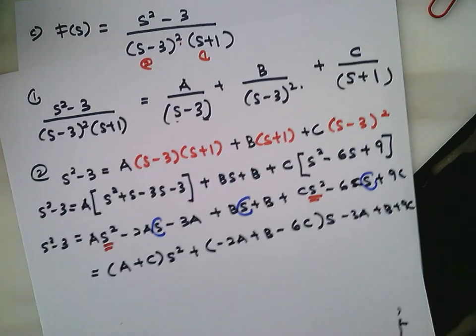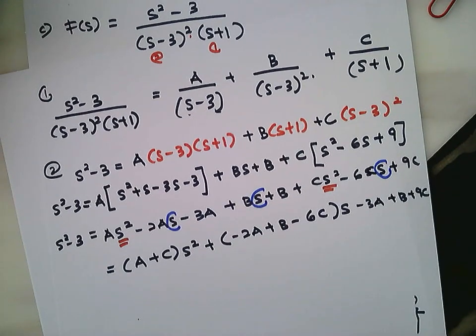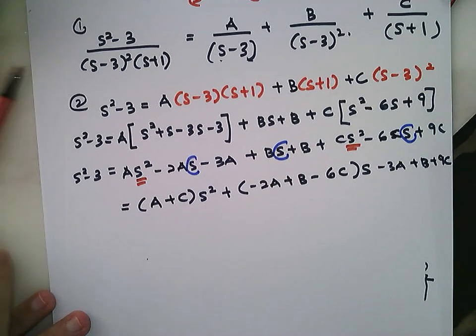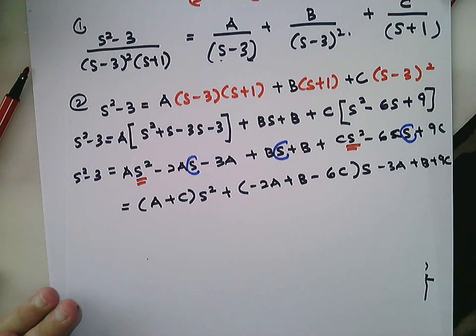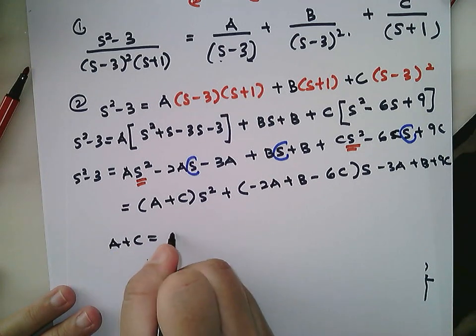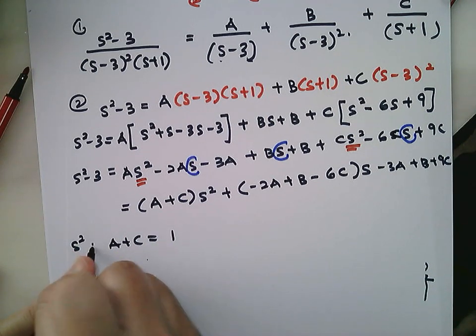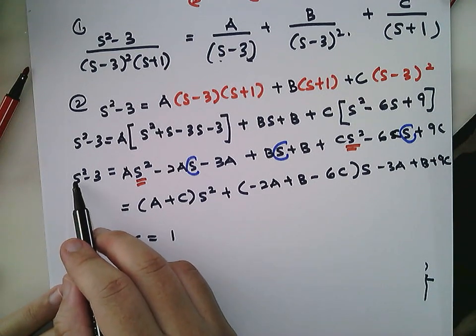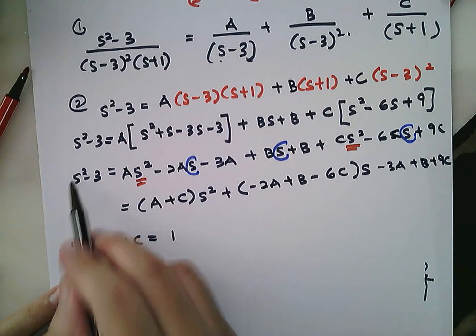Form three equations because you have three unknowns. The first equation will be A plus C equals 1. Why? Because here you have s squared, so the coefficient of s squared is equal to 1.